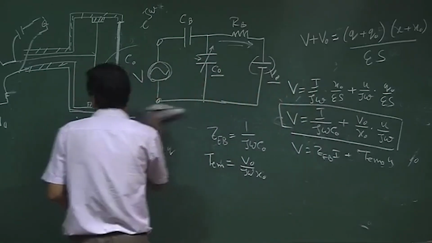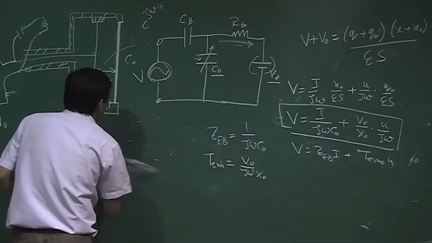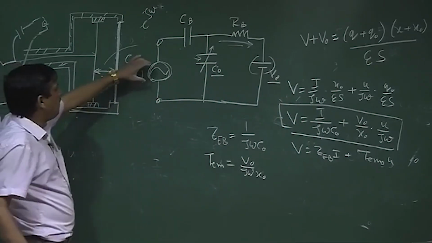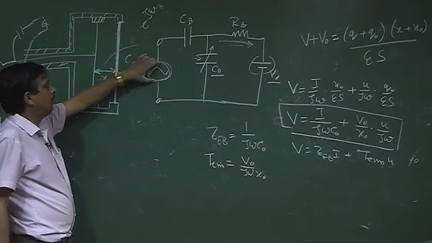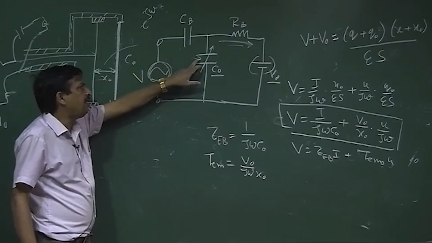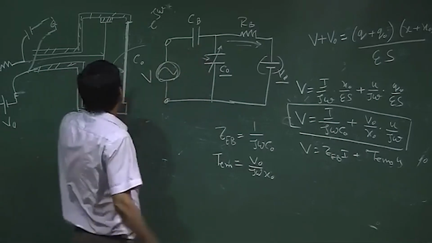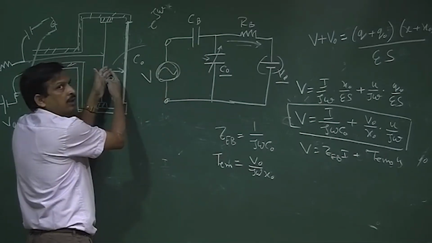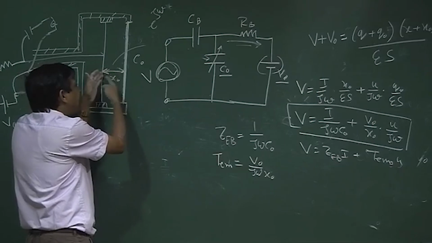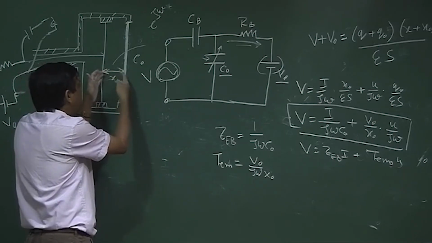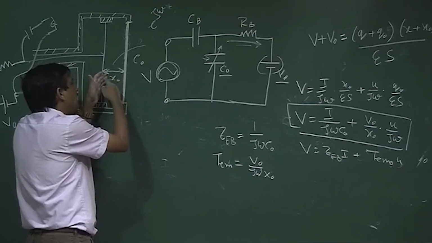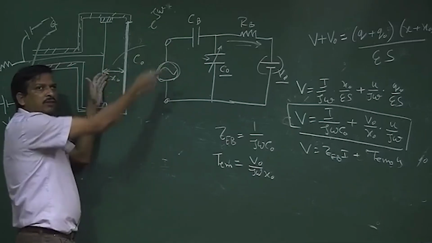Now I derive the second equation. Here I said if I apply a voltage, then an additional charge Q will be deposited, and that is why the capacitor plate will be displaced by X amount, creating the mechanical oscillation.